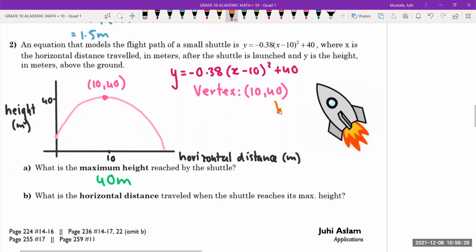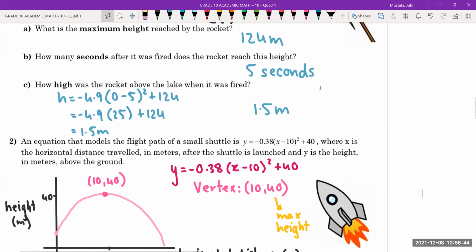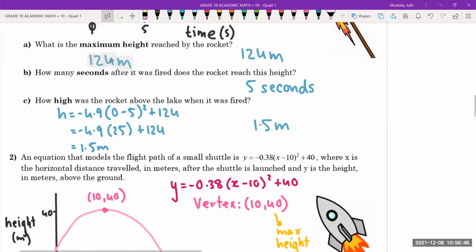This number here gives you your maximum height. Just going to write each one of these numbers after where the actual question is, just so it doesn't get confusing. Okay, there we go.